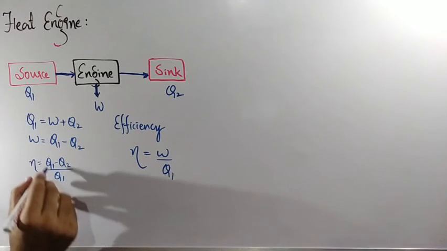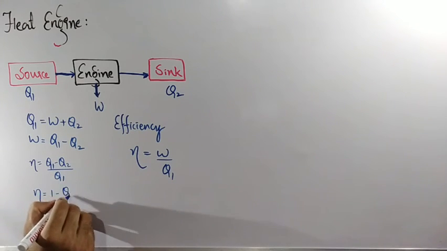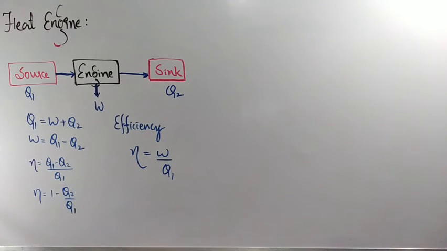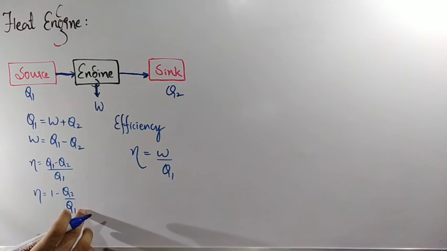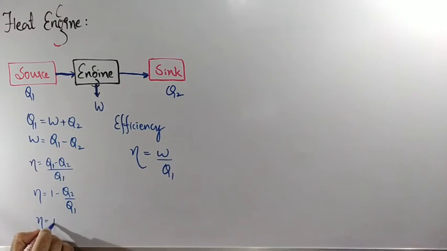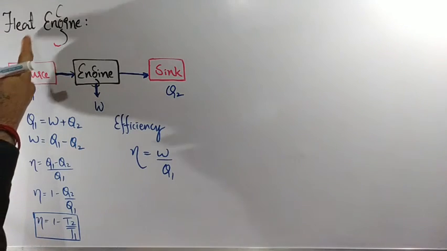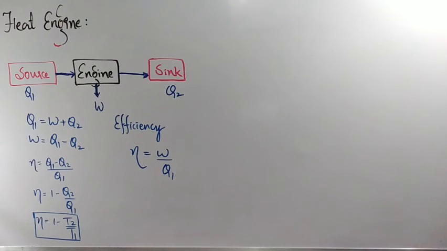So eta turns out to be 1 minus Q2 by Q1. Practically it has been shown that Q2 by Q1 is T2 by T1. In simple words, eta is equal to 1 minus T2 by T1. This is the efficiency of a heat engine.